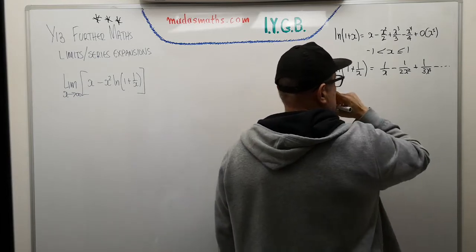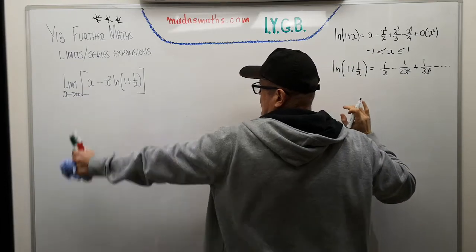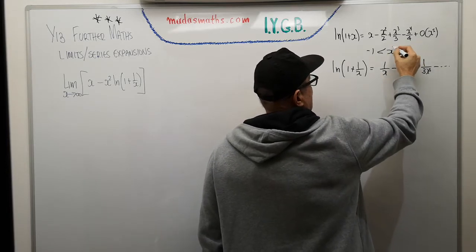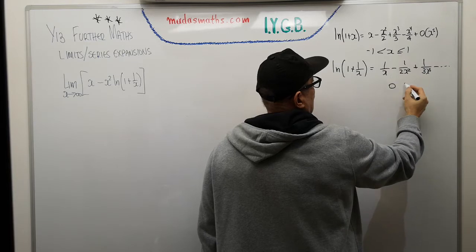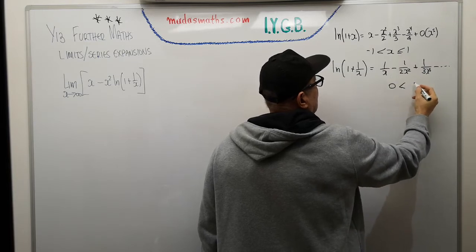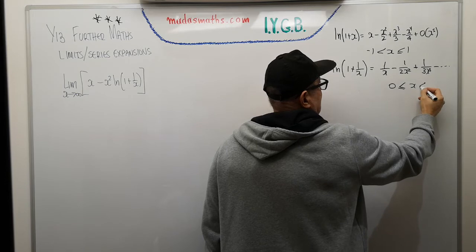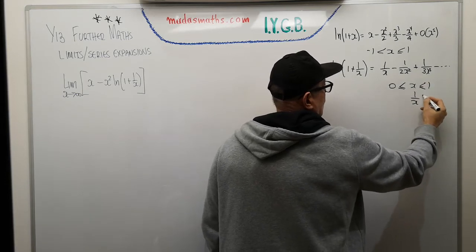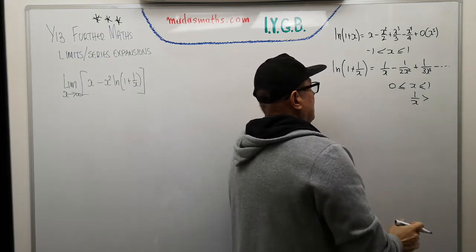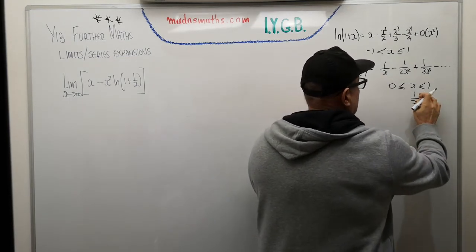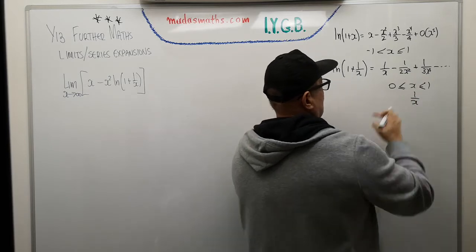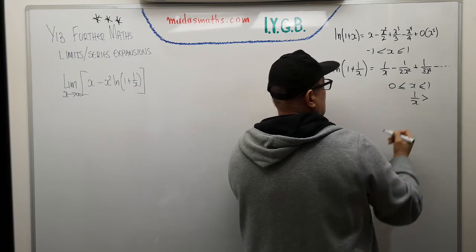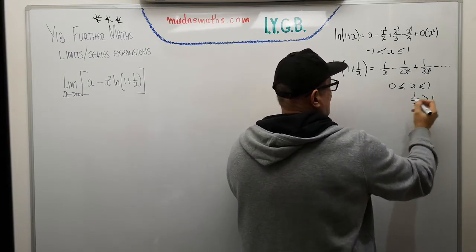Since the limit is x tending to positive infinity, I'm looking at this part for positive numbers. When we flip it, 1 over x will be between 0 and 1, so 1 over x being less than or equal to 1 is okay.